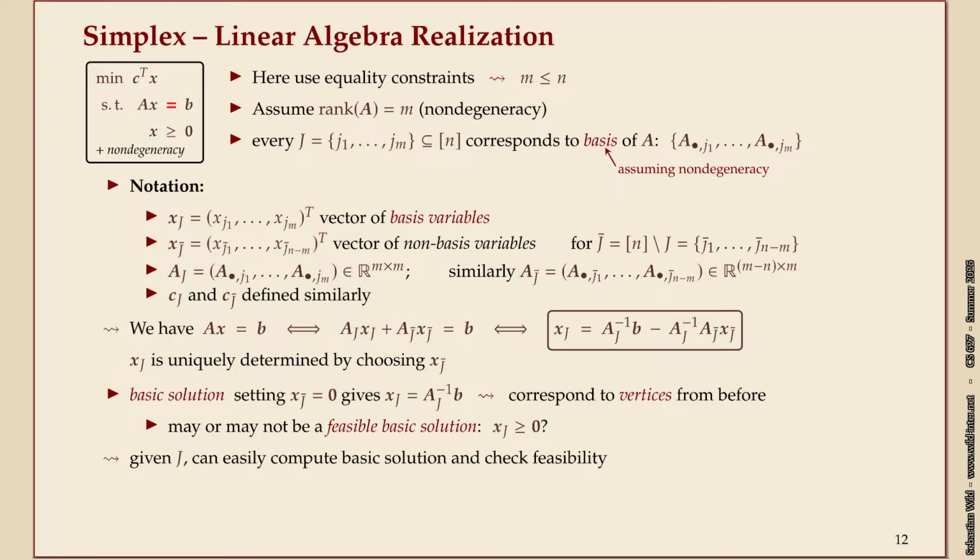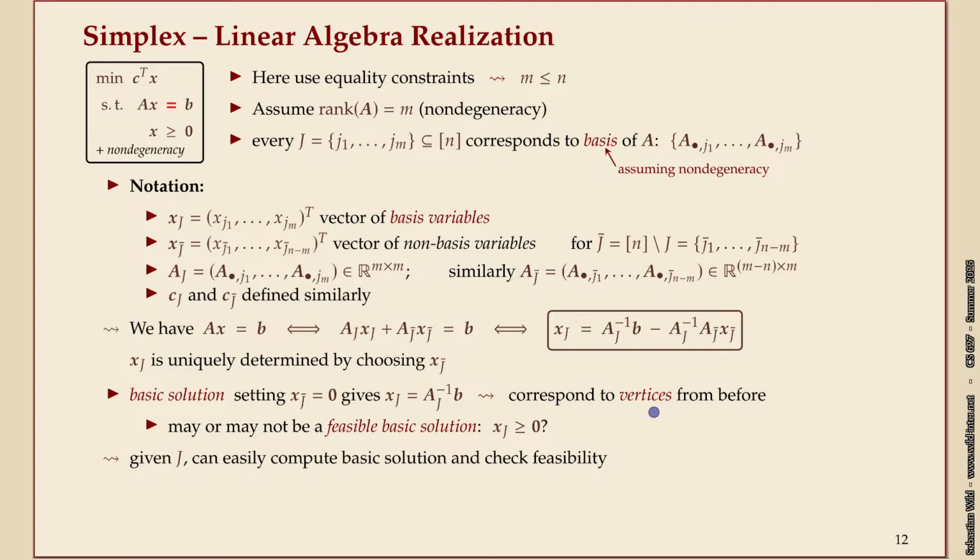Okay. Well, why is that useful? Well, in particular, you can set all the other variables to 0, and then you get a relatively simple vector x that satisfies the equality constraints.